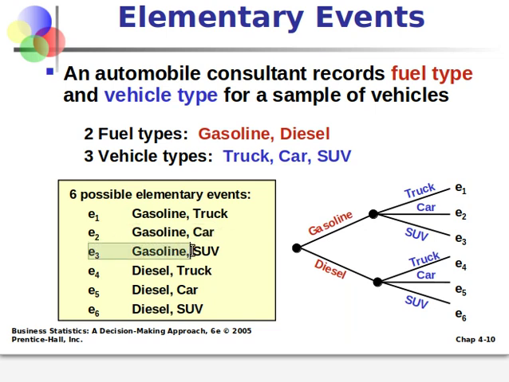E3 is a vehicle that uses gasoline and is an SUV. E4 is a vehicle that uses diesel and is a truck. E5 is a diesel that is a car, and E6 is a diesel vehicle that is an SUV.